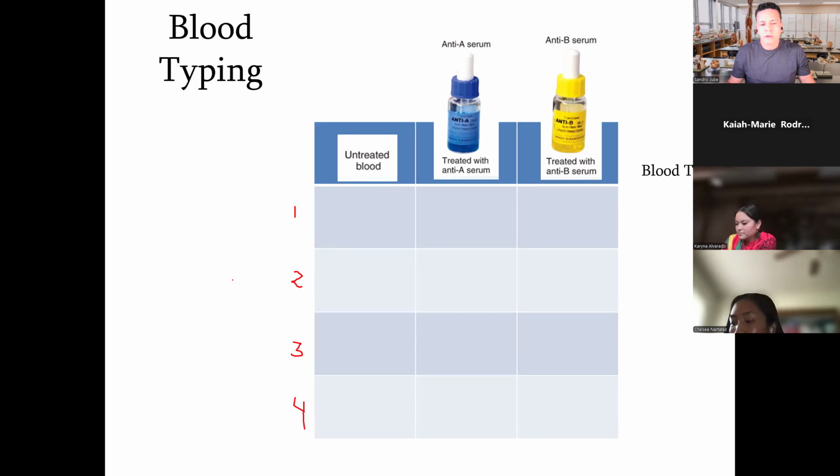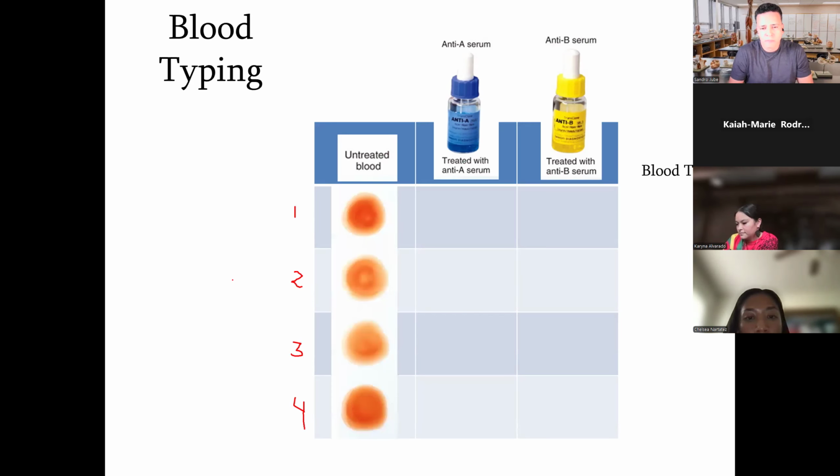What do we need? All that we need are samples of untreated blood. We need a serum that contains the anti-A antibody, meaning antibody that can react to the A antigen. We need a serum that contains the anti-B antibody, meaning antibody that reacts to the B antigen.